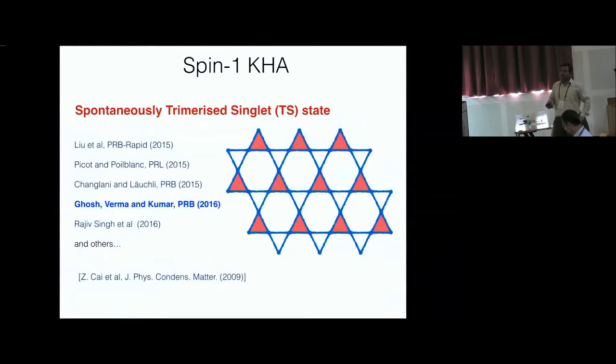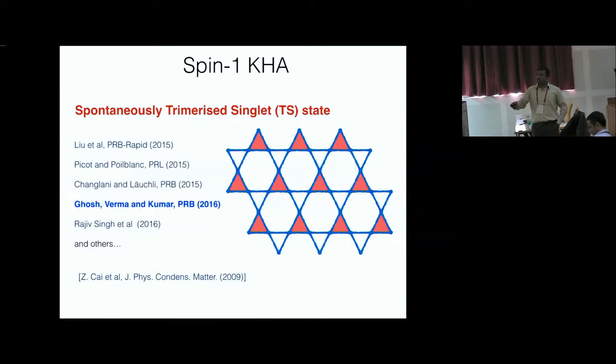In a span of a few months in 2015-16, a number of papers appeared, including ours, where we all advocated in our own way, through different computational and analytical arguments, that the correct physical ground state for the spin-1 Kagome Heisenberg antiferromagnet is not the non-symmetry breaking Hida state, or Hida's hexagonal singlet solid state, but a spontaneously trimerized singlet state. This cartoon tries to depict the following thing. This is the Kagome lattice, and on the vertices there is a spin-1.